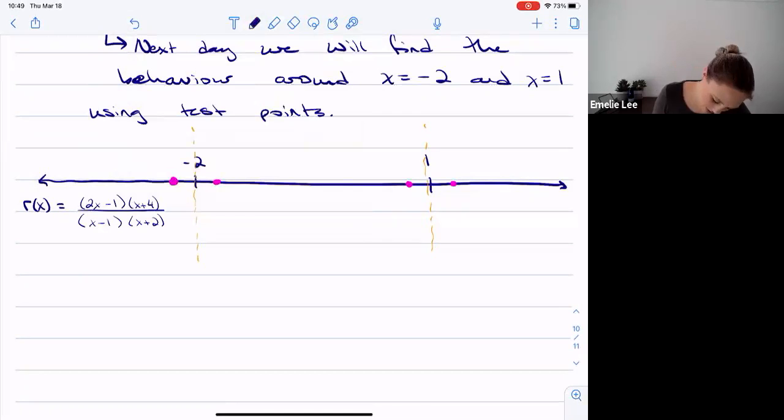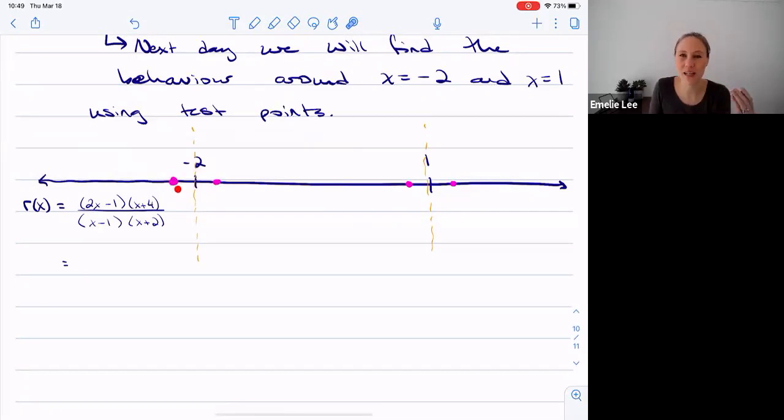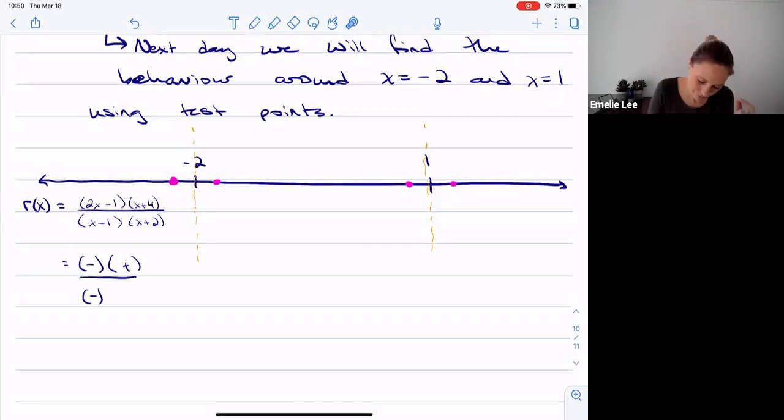But what happens is on this, so as I approach -2 from the left, if I'm thinking about -2.1, for example, right, that's just slightly to the left of -2, 2 times -2.1, and then -1 gives me a negative value. -2.1 plus 4 gives me a positive value. -2.1 minus 1 gives me a negative value.